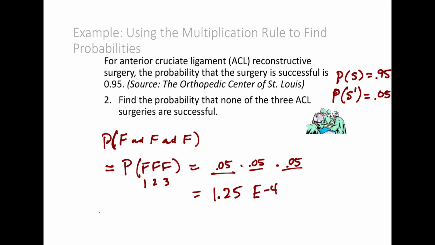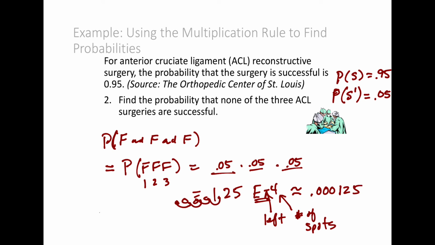Well, this E minus 4 actually means, the negative means move your decimal to the left, and this is the number of spots, 4. So doing that, 1, 2, 3, 4 gives us 3 zeros, and then my 125, so 0.000125.